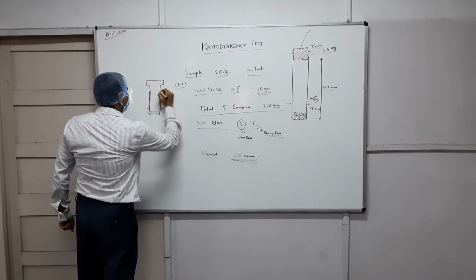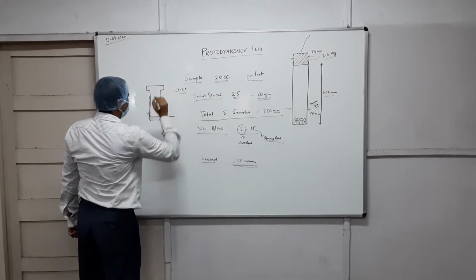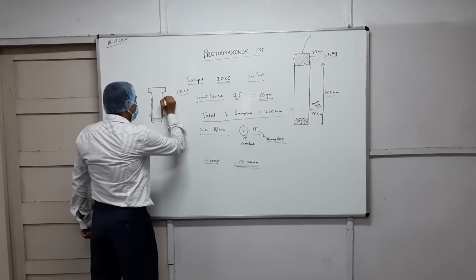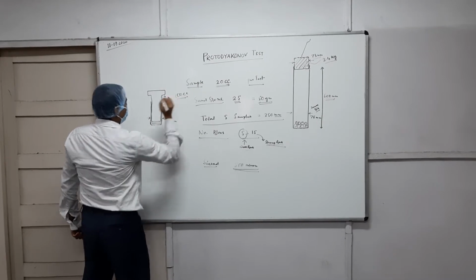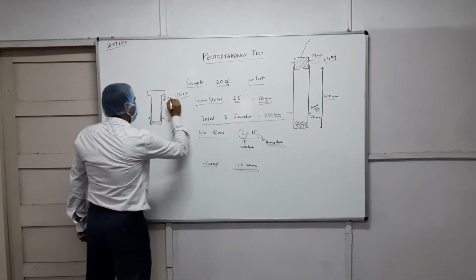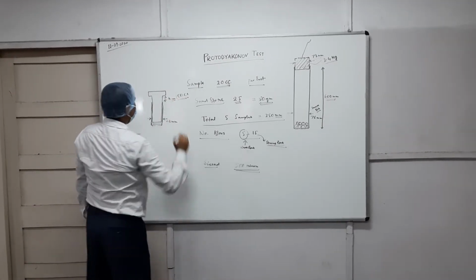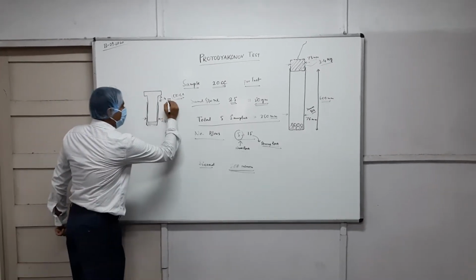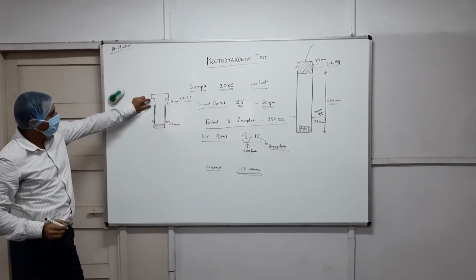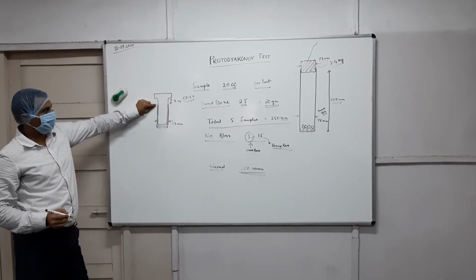How much of the column is inserted? There is a marker, so we will mark this amount as H in mm. The sample, after being put in the volumeter, will be measured as this height H mm. This is how much the column is outside from the lid.